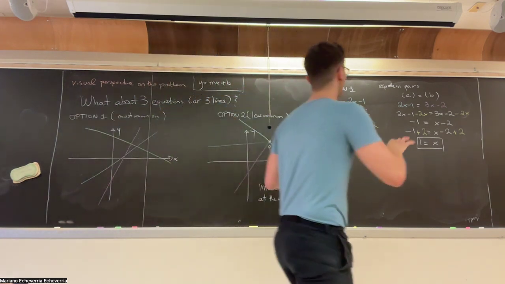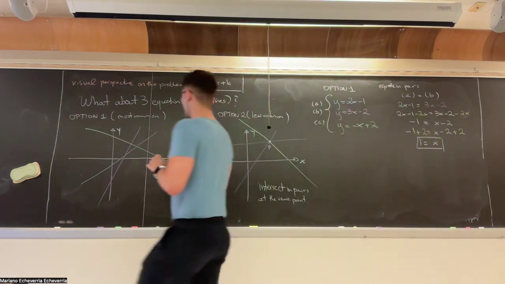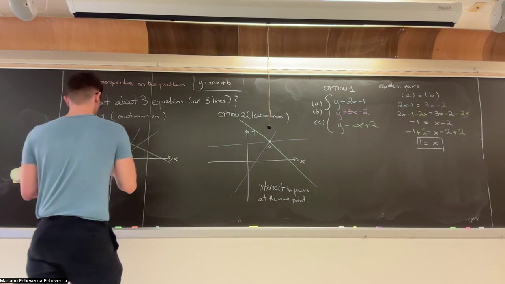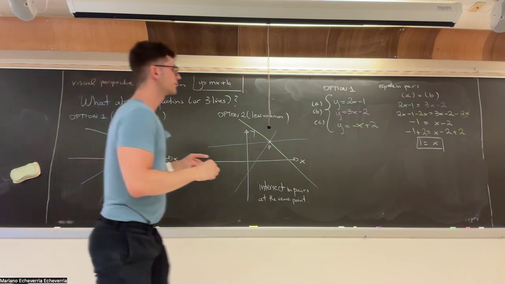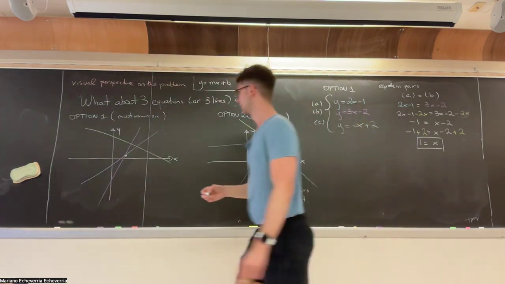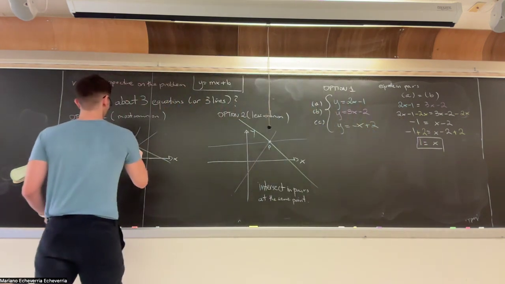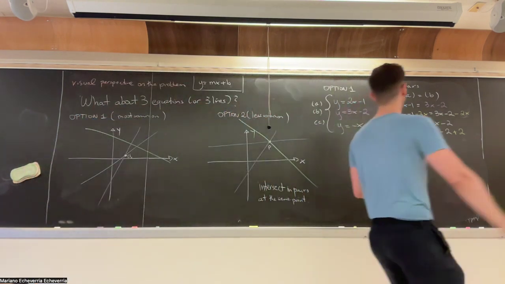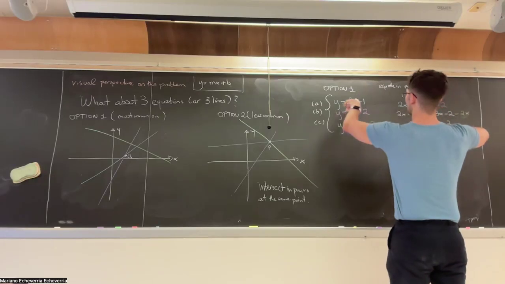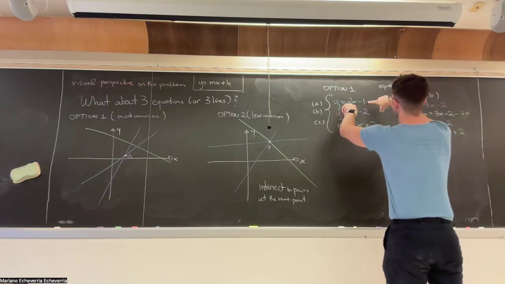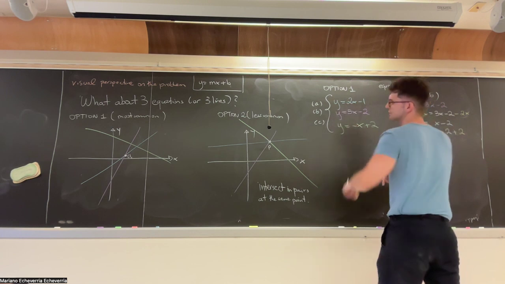So, blue and purple is somewhere in here. For the blue and purple, x has to be 1. And once you have this value for x, what would be the corresponding y value? You can put it in each of the first two equations. So you get 2 minus 1 or 3 minus 2, regardless, you get 1.